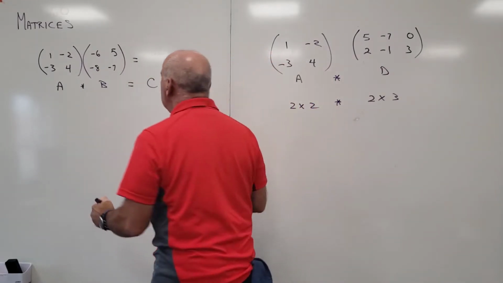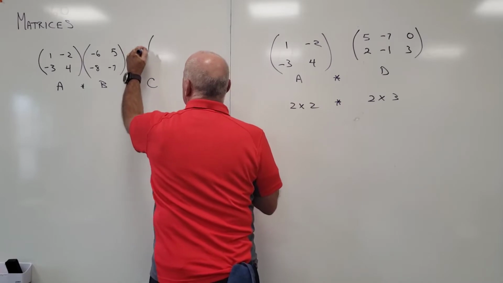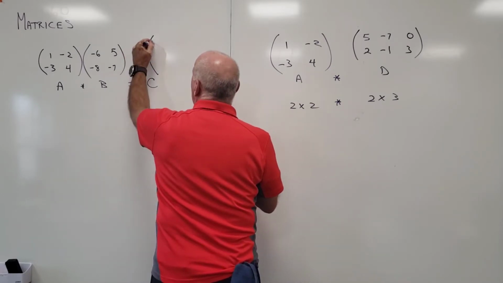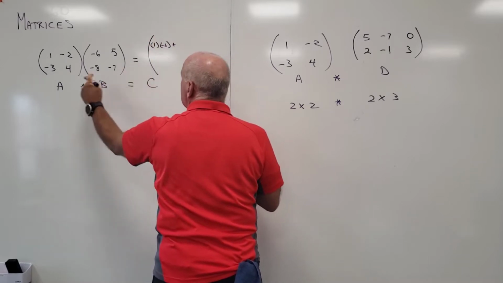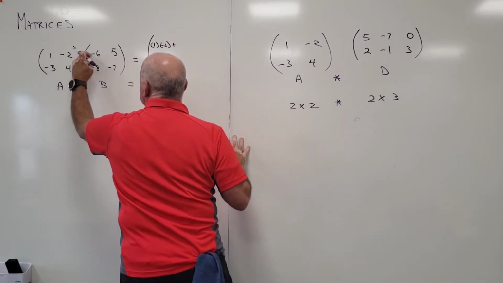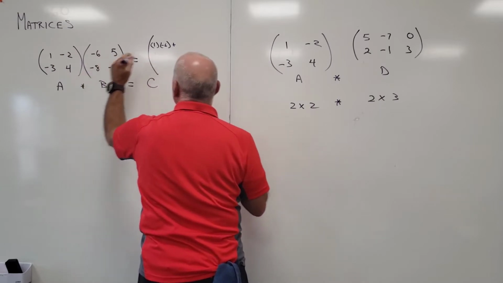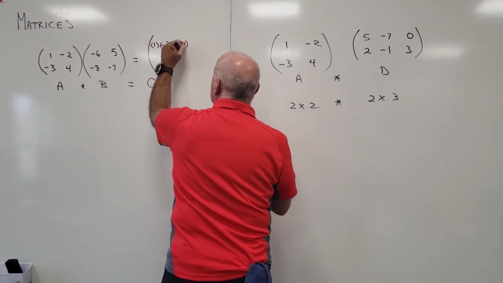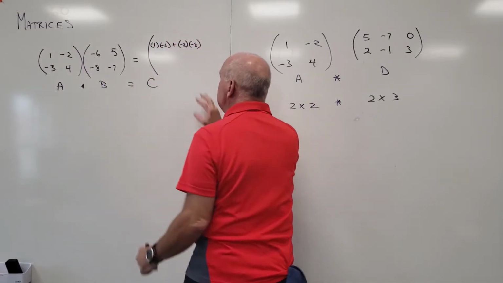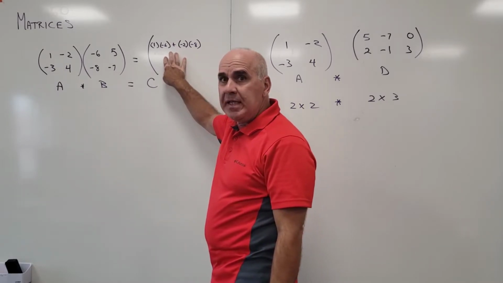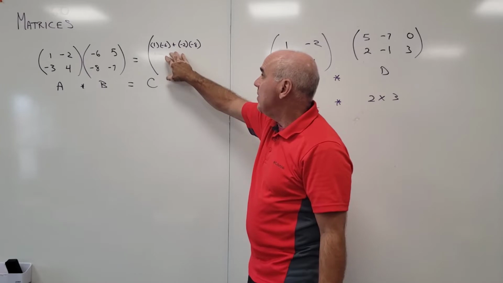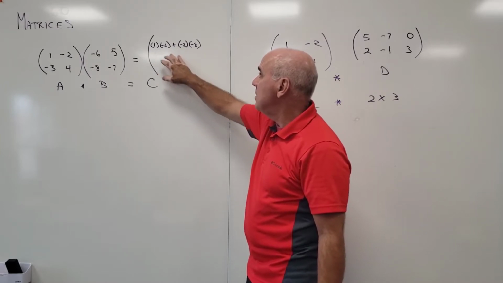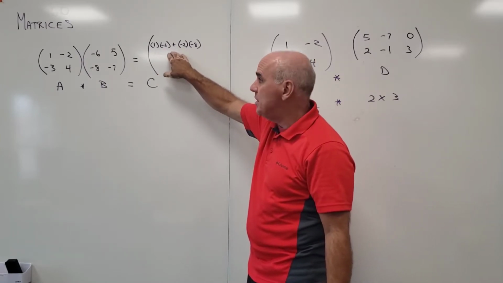So for example, this is going to be another matrix, and so I take 1 times -6 plus -2 times -8. And this is going to create the upper left-hand element for this new matrix C, right? So that's not two different elements, that's one element.